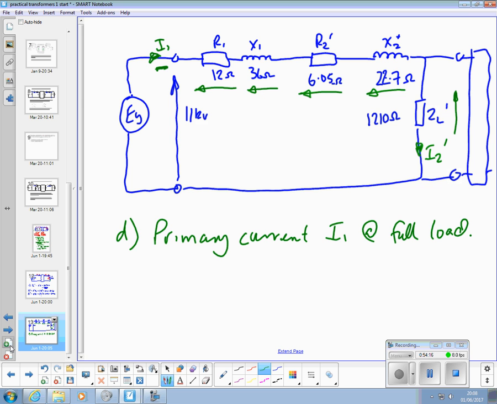So we transferred values involving full load, because that's what we want to know. I want to find that current. So what do we need to find first? Total impedance, ZT.